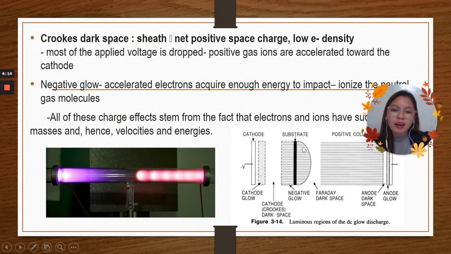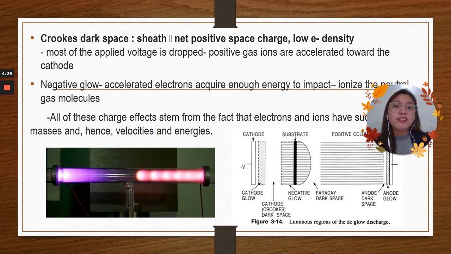We also have the cathode Crookes dark space, where you can see the net positive space charge, low electron density, and most of the applied voltage is dropped.